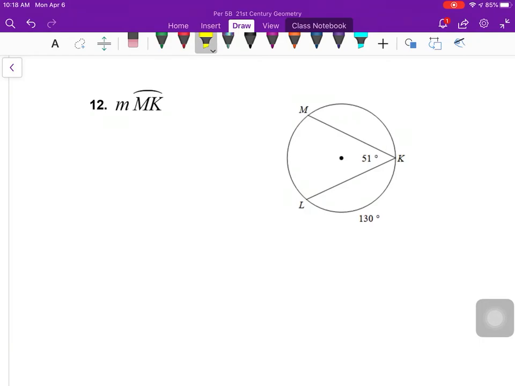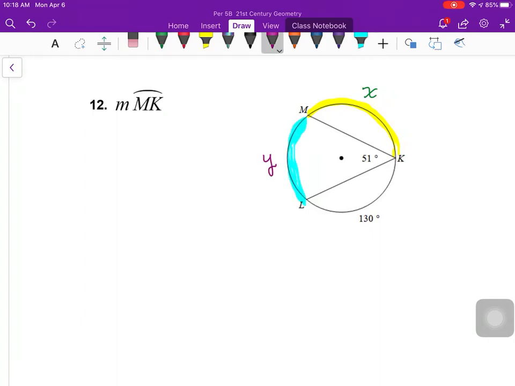Okay, things are just hopping right along. The next one, measure of arc M to K. M to K is really this one out here. So that's the one we're trying to find.